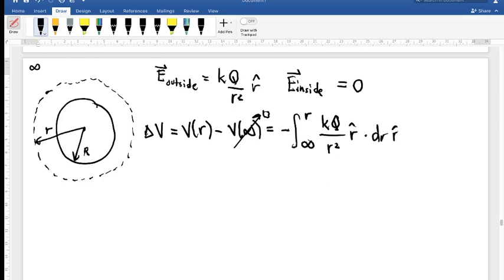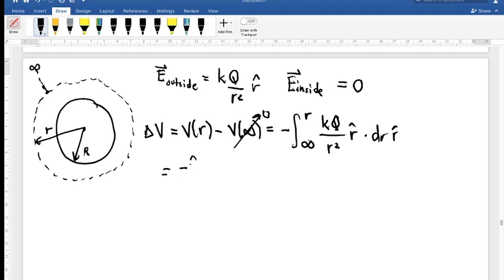So dr is in the same direction as R. Okay, so you already know the concept.